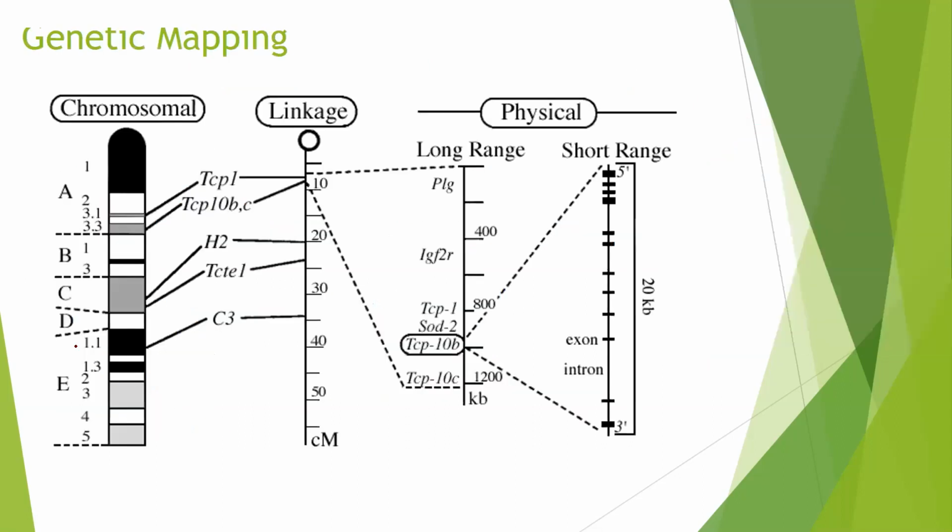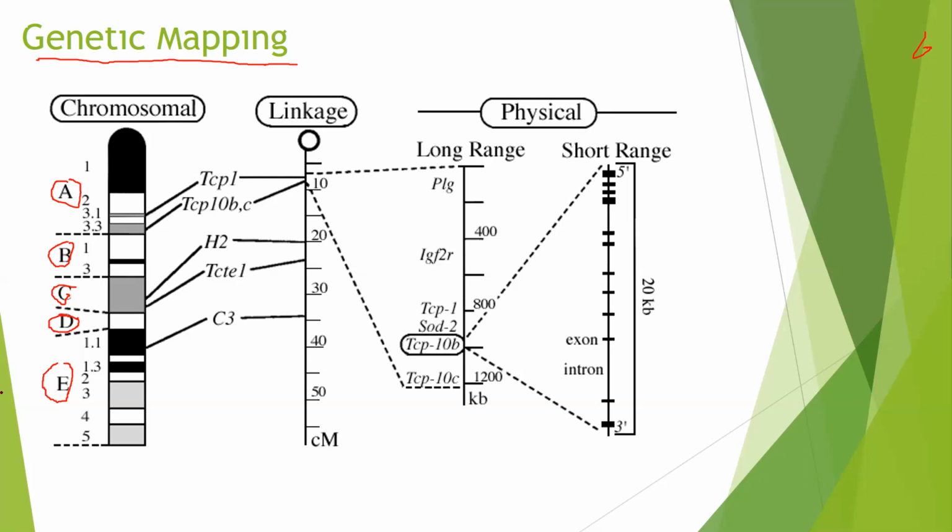All right. So genetic mapping. What is genetic mapping? First we know some genes are located on the same chromosome, right? For example, here. These genes are on the same chromosome, so we can say they are linked. But this is not enough, right?